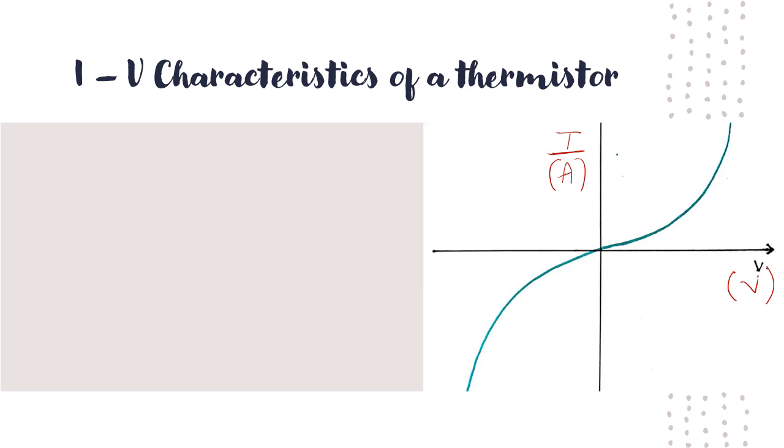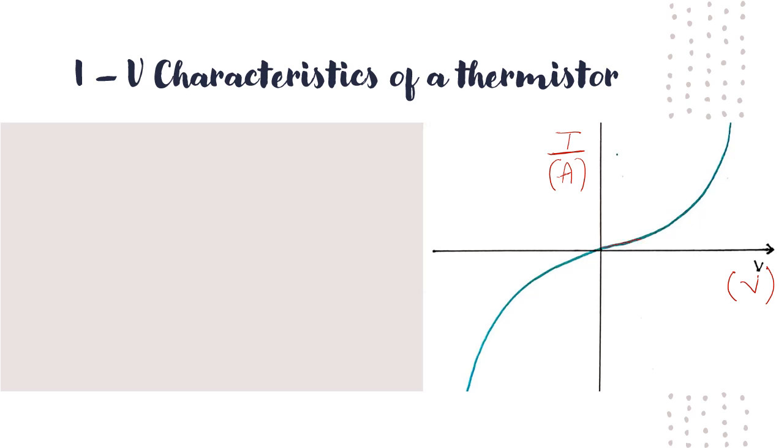Okay, so this is how the IV characteristics of a thermistor looks. Now, if you look at this, and if you think about the other three IV characteristics you have drawn, this looks like a sort of mirror image of the filament bulb. Here what is happening?